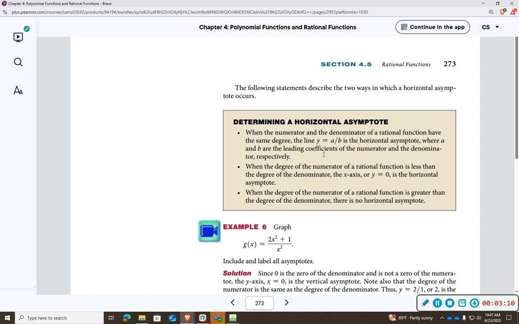When the degree of the numerator is less than the degree of the denominator, the horizontal asymptote will be y equals 0. And when the degree of the numerator is greater than the degree of the denominator, there will be no horizontal asymptote. So you've got three scenarios: they are the same, the bottom is greater, and the top is greater.